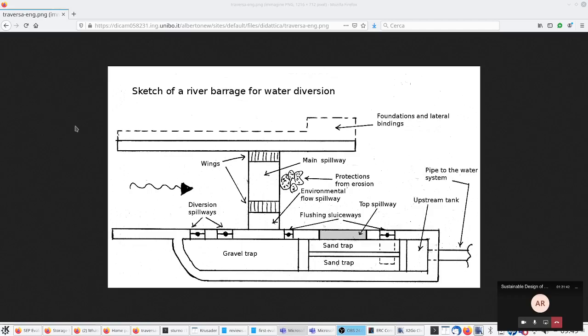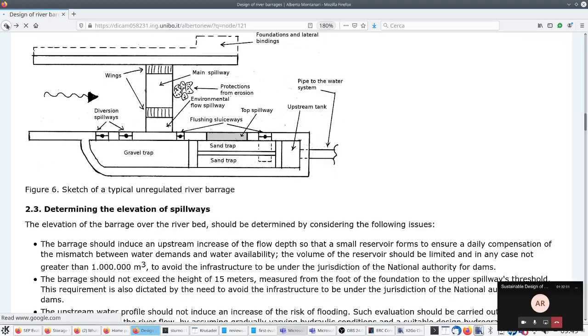So now let's see how we can design the residence time in the sand trap. First of all, we need to determine what is the time required for a particle to settle down, to reach the floor of the sand trap. So let me go back to the website now.